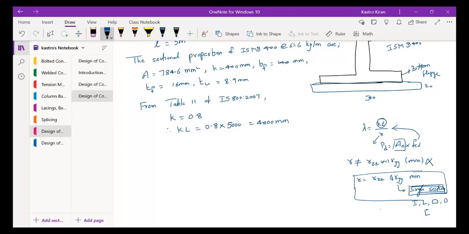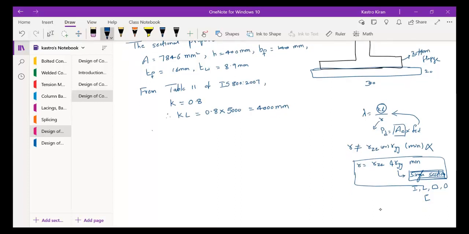Remember, for built up sections, we have a different process of finding the r minimum value. So r minimum equals, how will you find? It is actually the ratio, under root I by A, where I is the moment of inertia and A is the total area.